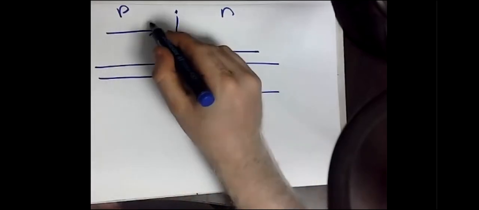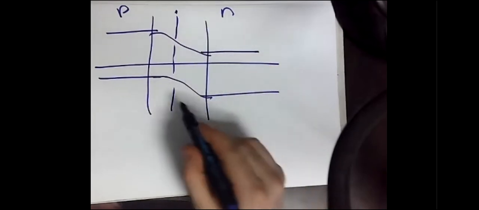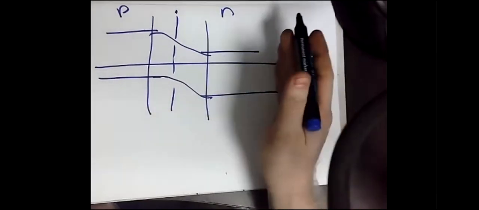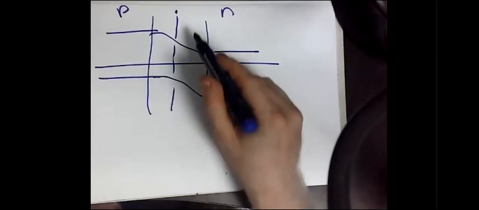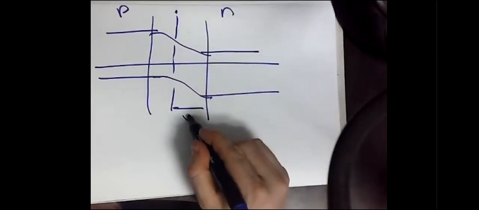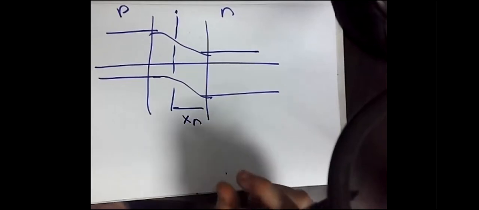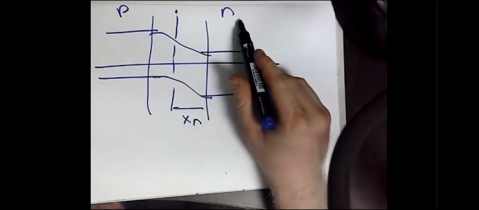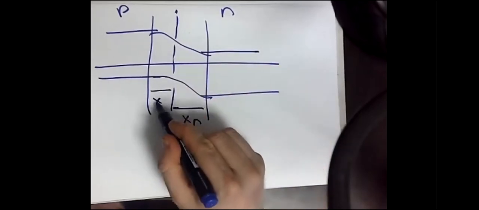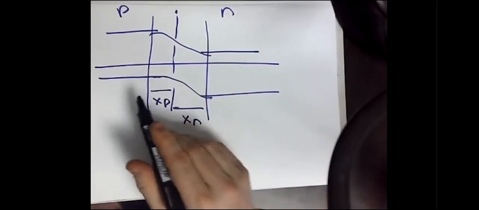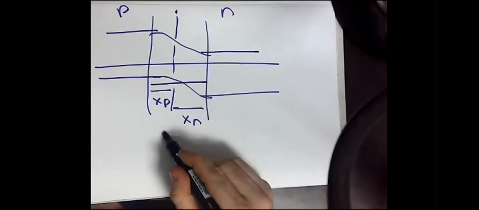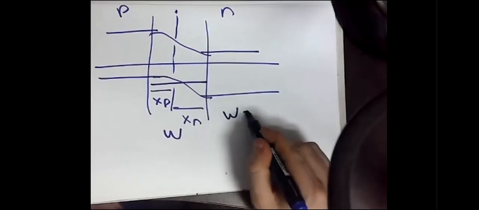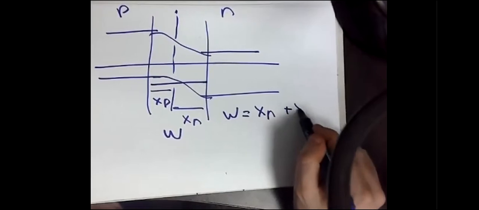As you can see, the depleted region, which is the region where we have this drift, is actually a border region between the N and the P. So it has some region from the N region, which we will call Xn. So Xn is the part of the depletion region related to the N side. And Xp is the part of the depleted region related to the P side. And we will call the overall width of the depletion region W. So W equals Xn plus Xp.